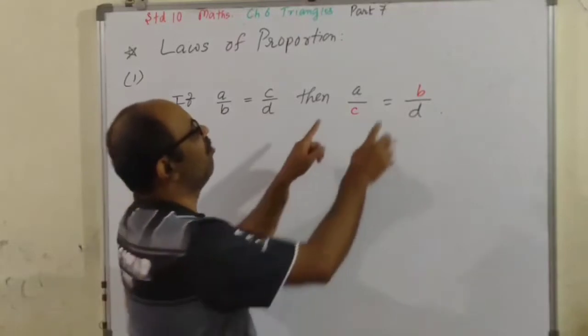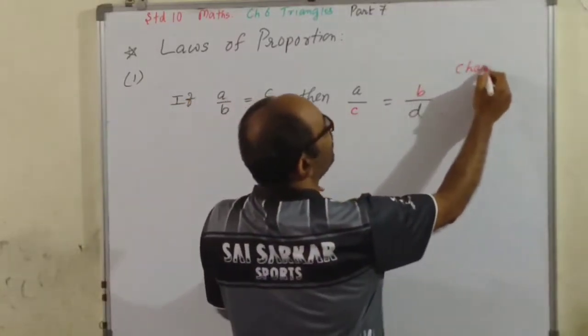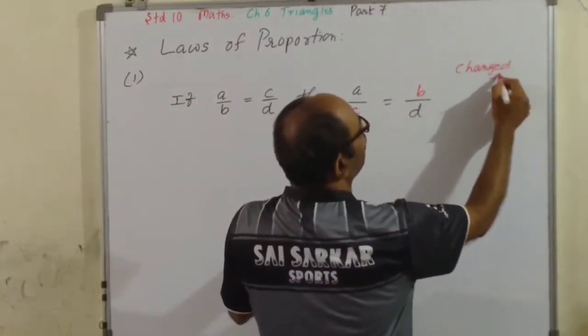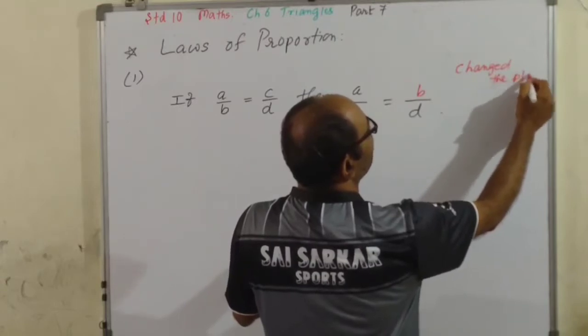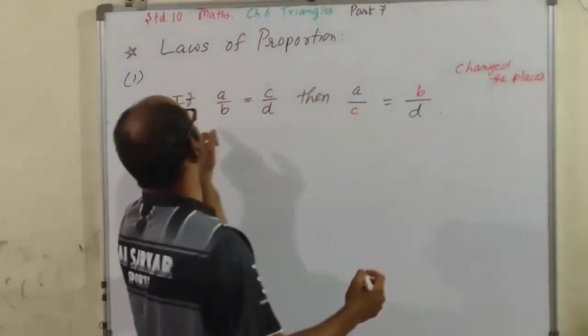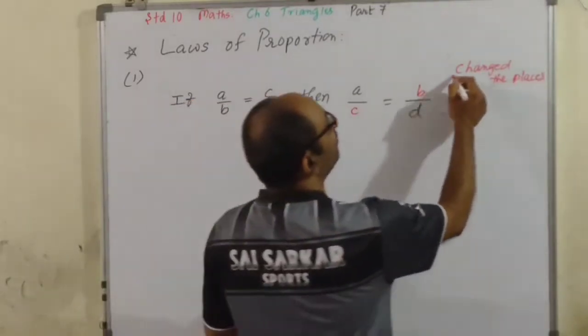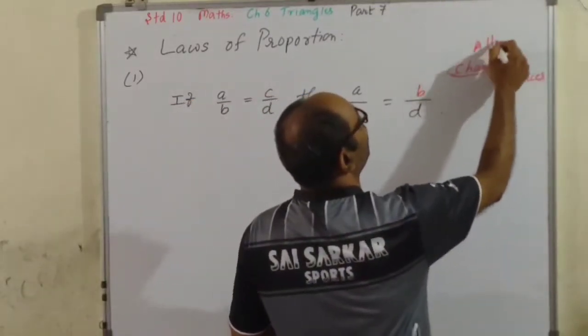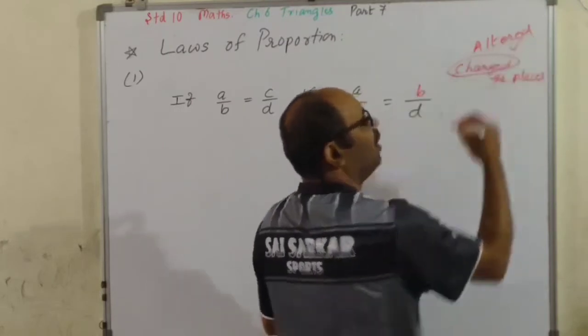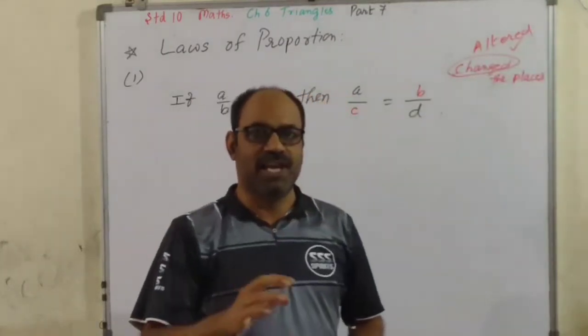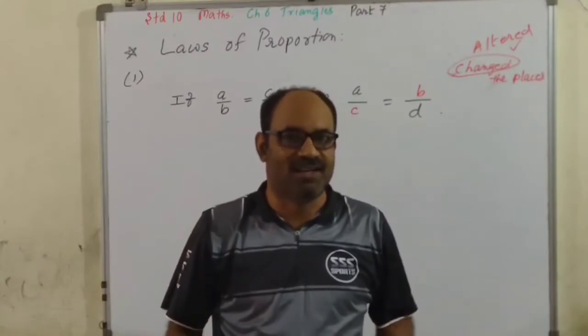What we have done is we changed the places of B and C. Changed means we altered the places. The other English word for change is alter.